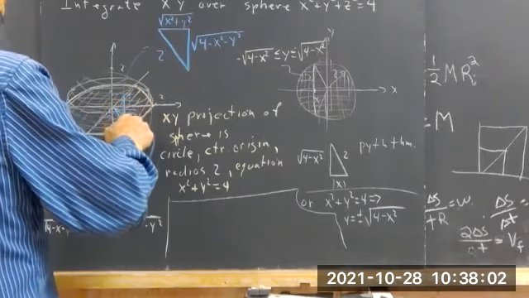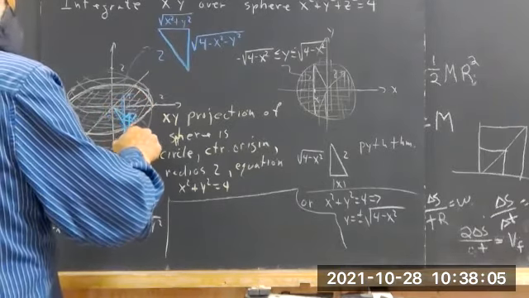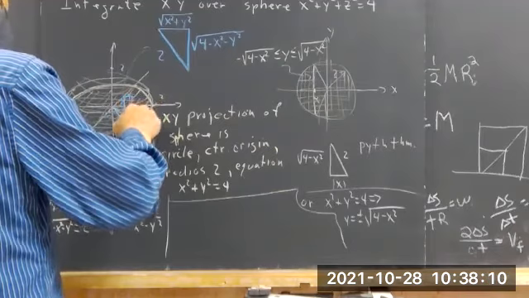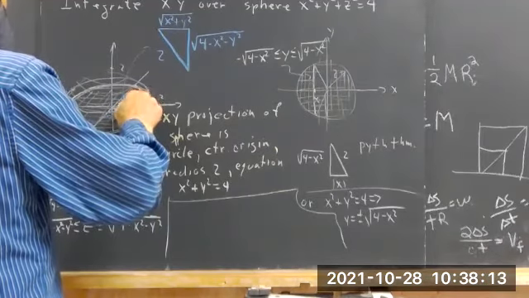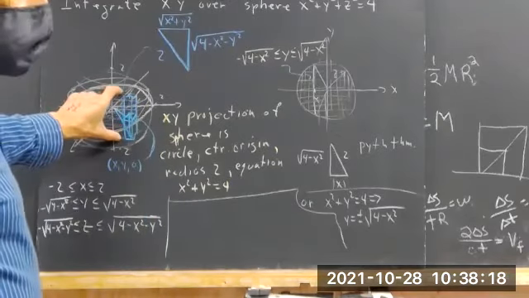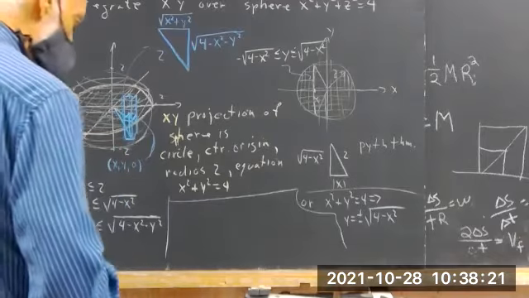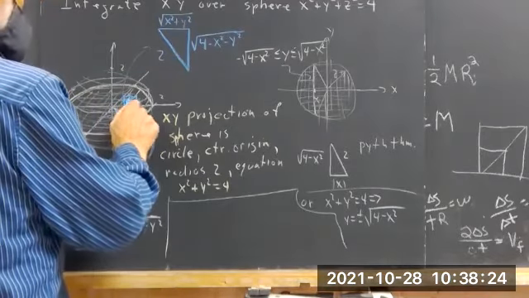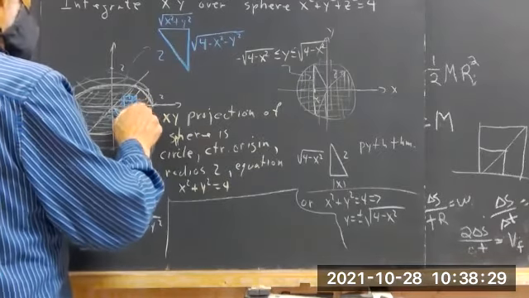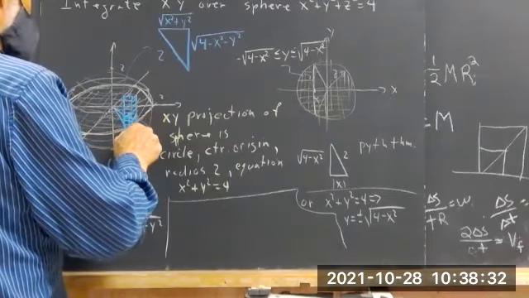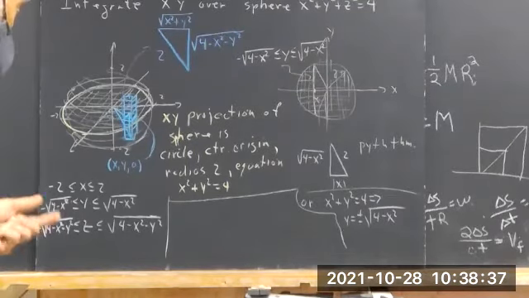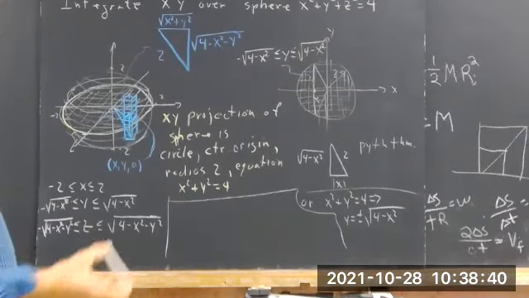And if you sketch the rectangular prism defined by this sample point, you can partition it. Each partition has a dimension delta x by delta y by delta z. And then you write your sum.